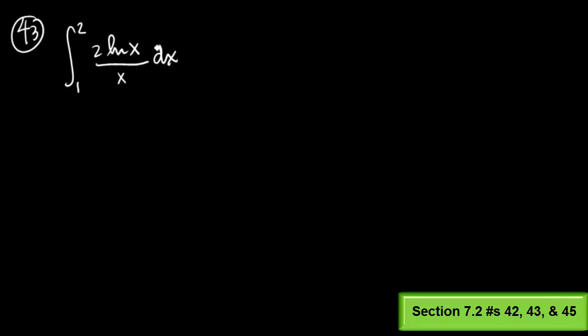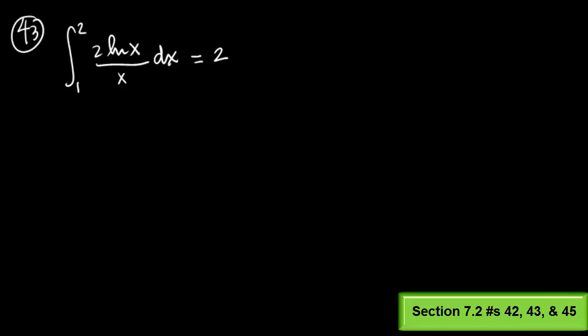So what I'm going to do here is rewrite a few things. Suppose we write it this way. I'll pull out the constant 2. Then I am going to regroup, put these together, and then the natural log.